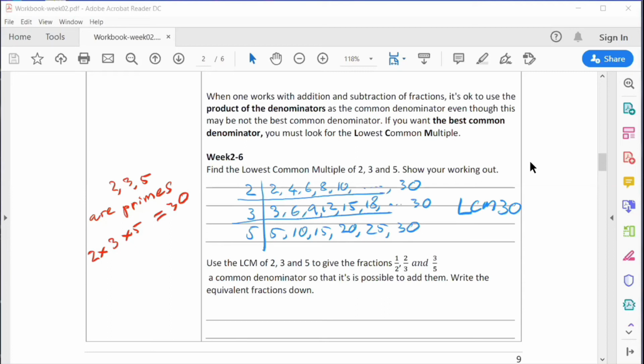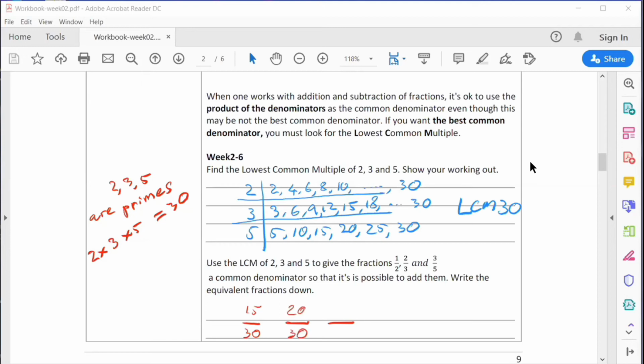All right, so now write the fractions down. So with that 30, you get 15 over 30 for the first one. And then the next one will be 10 times, so that is 20 out of 30 for sure.